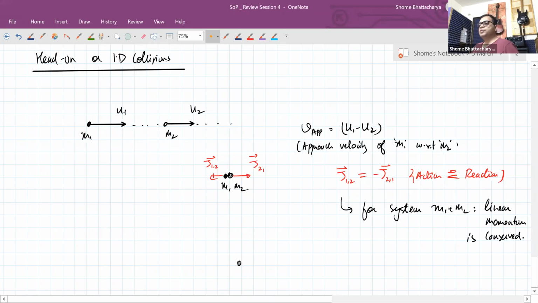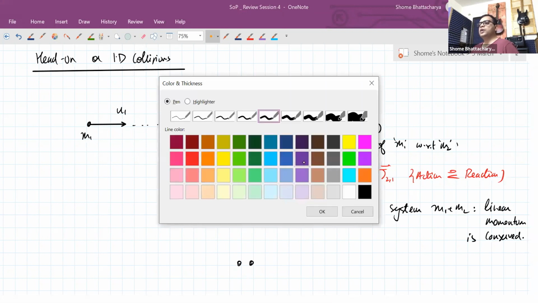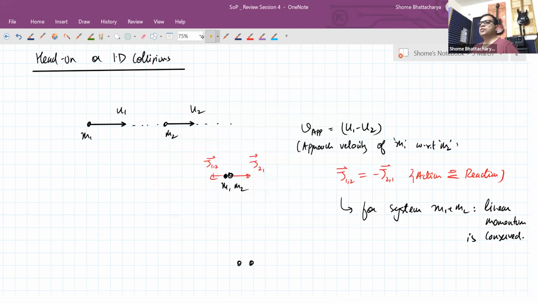So immediately after impact, let us say the two particles have individual velocity vectors, which are like this for A and like this for the second one. So this is v2 for the particle of mass m2, and this is v1 for the particle of mass m1. Okay.